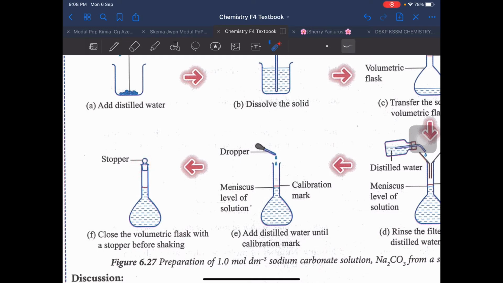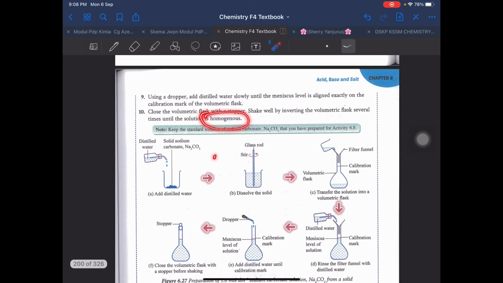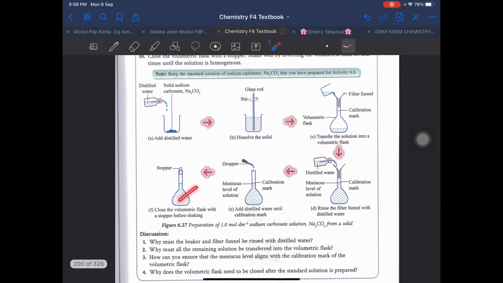Kamu harus kasih terbalik-terbalik dia a few times sampai homogeneous. Apa maksud homogeneous? Dalam satu medium yang sama. Maksudnya dia sudah bercampur dalam satu keadaan yang sama. Tiada lagi ada di atas, ada di bawah, ketumpatan lain. No. Dia memang sudah homogeneous. Okay?